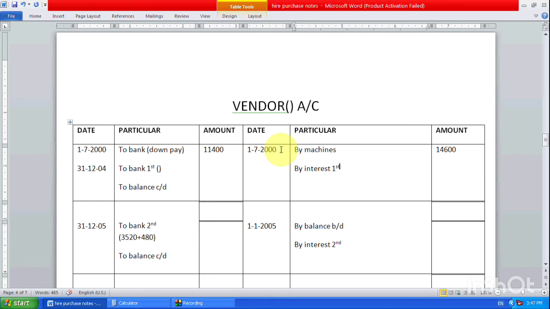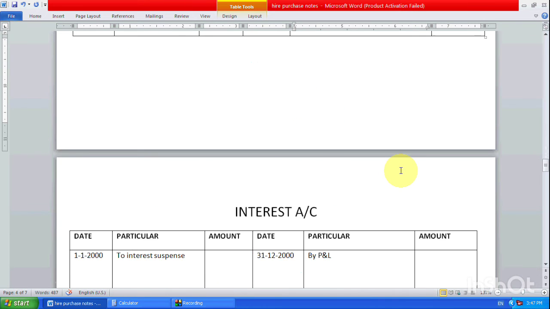We will pay interest at the end of the year, so 30 June 2001. Okay, by interest. First we are taking 1 year, so interest also for 1 year. 80 plus 60 is 140.